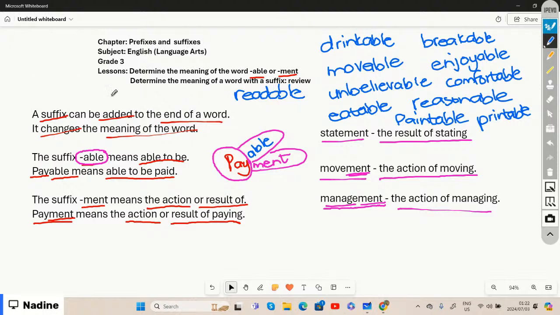We have acceptable, cryable. I've never heard of the word cryable. I'm able to cry, if that is the word. I think cryable, yes.